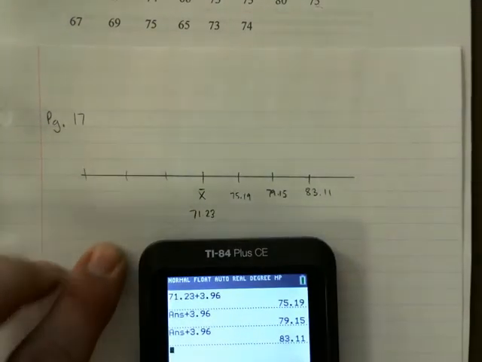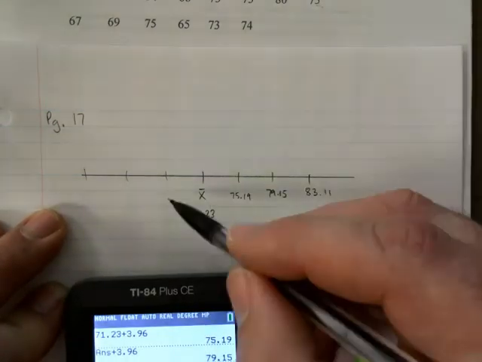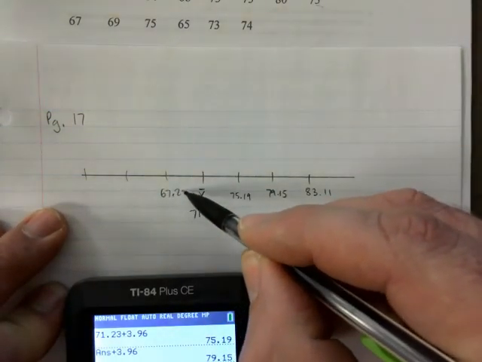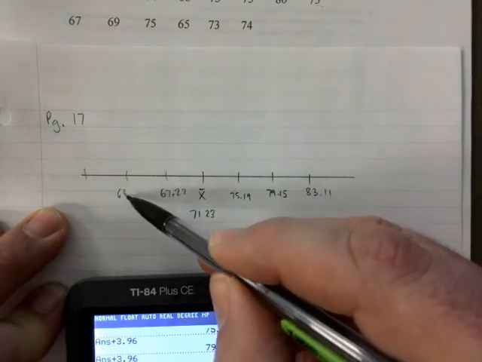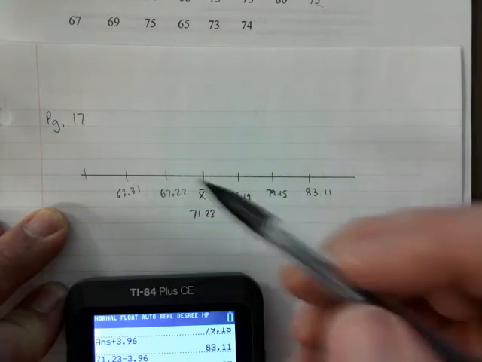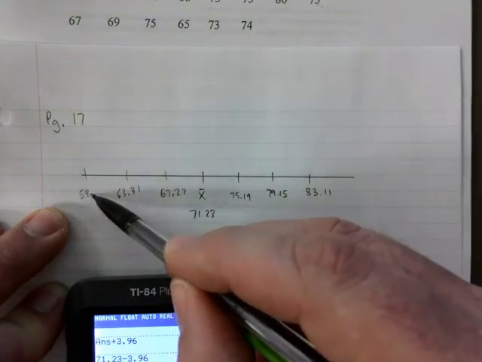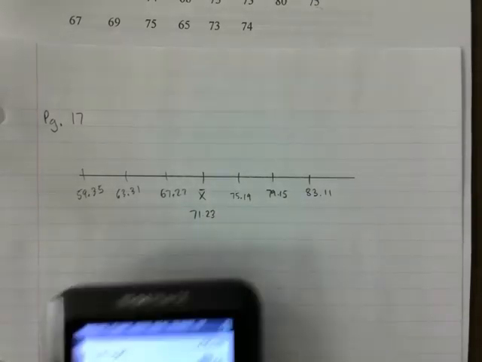And now we're going to go backwards. 67, 27. 63, 31. 59, 35. And there's our frequency line.